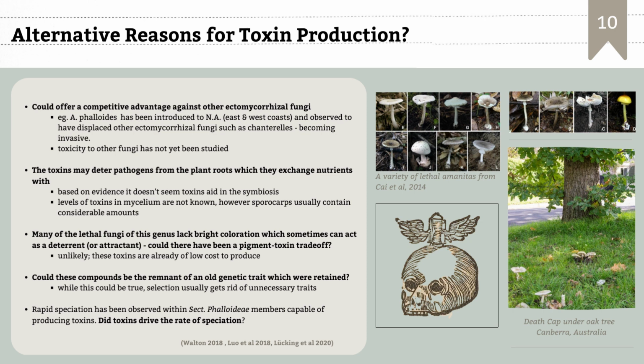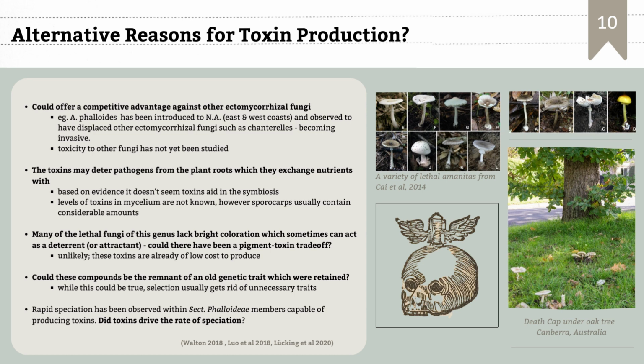Many of the lethal fungi of this genus lack bright coloring, so I thought maybe there could have been a trade-off that happened between the pigment and the toxin. This is probably unlikely, but it's just a little theory. And maybe these compounds could just be the remnant of an old genetic trait that was retained, but usually natural selection gets rid of unnecessary traits.